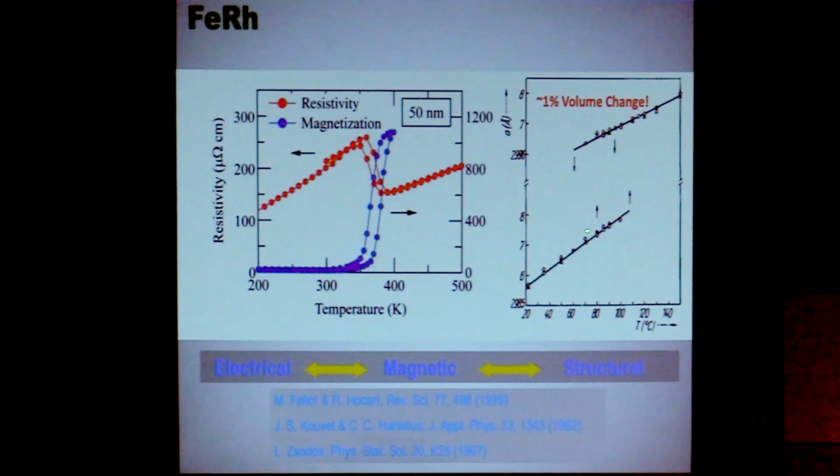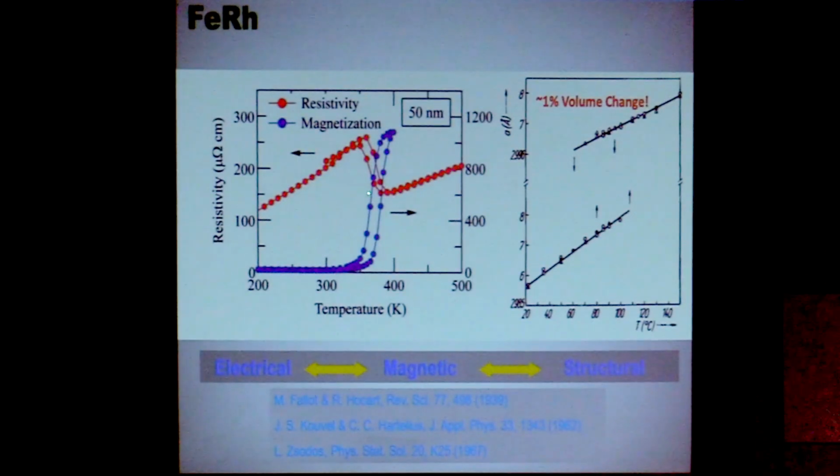But above this, it has a first-order phase transition, so its lattice will expand by around 1%, and then it undergoes the transition into the ferromagnetic state. During this transition, its resistivity also abruptly changes. So this material system has electrical, magnetic and structural properties closely correlated with each other.